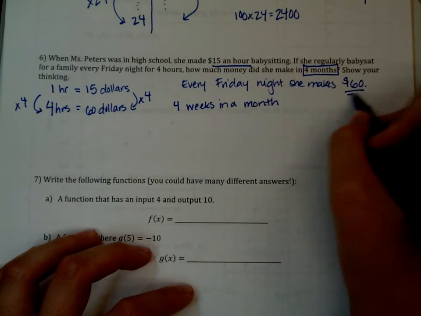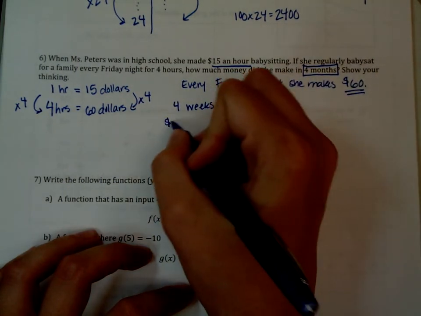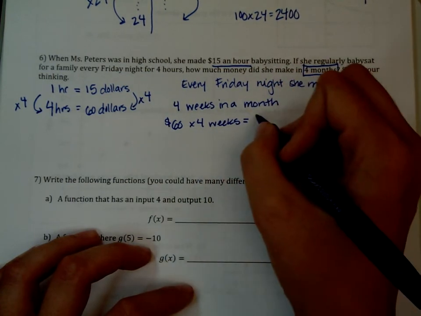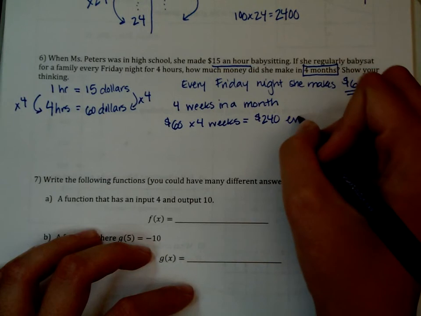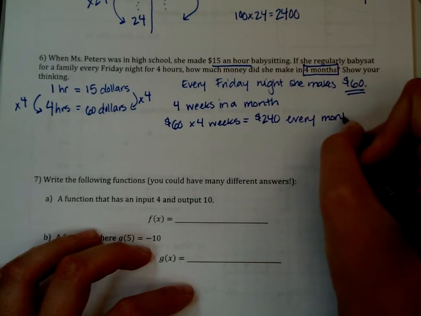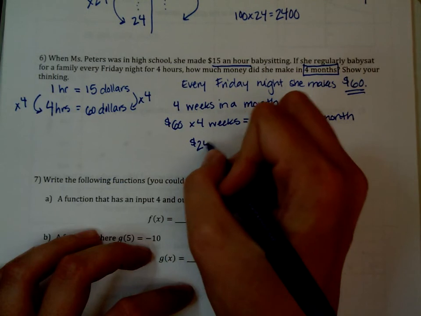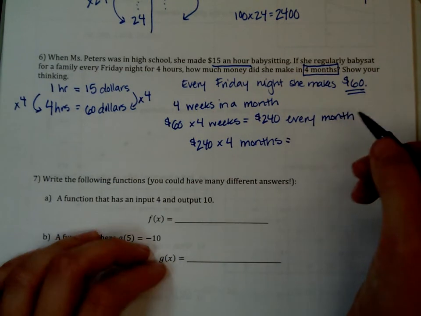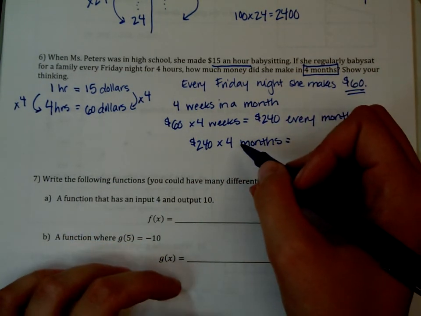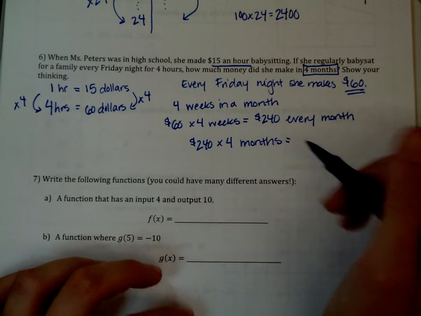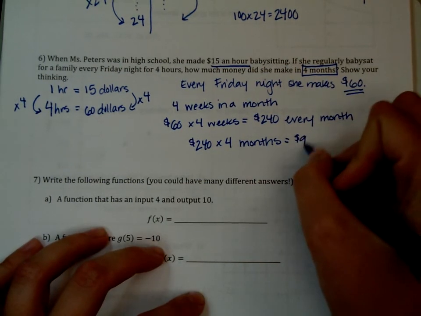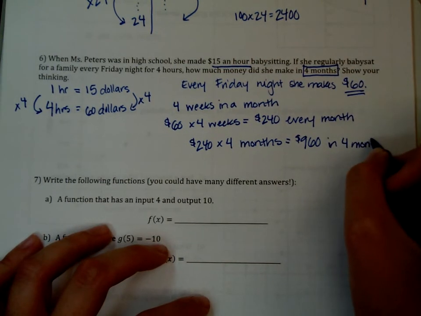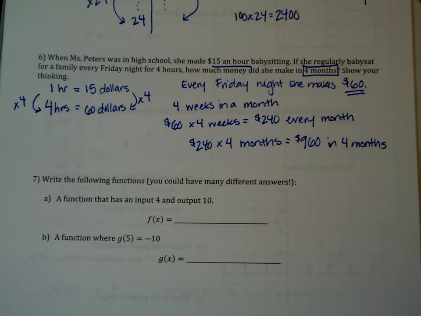So $60 every night times 4 weeks equals $240 every month. And then we get $240 times 4 months is, let's see, 200 times 4 is 800. 40 times 4 is 160, so that would be $960. So I would make $960 in 4 months.